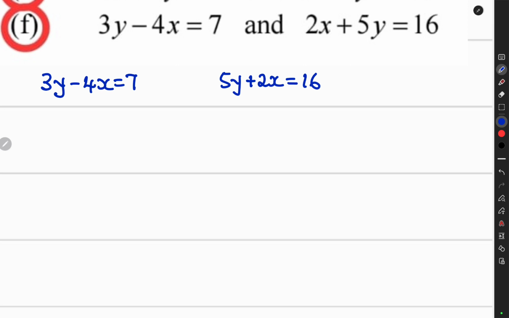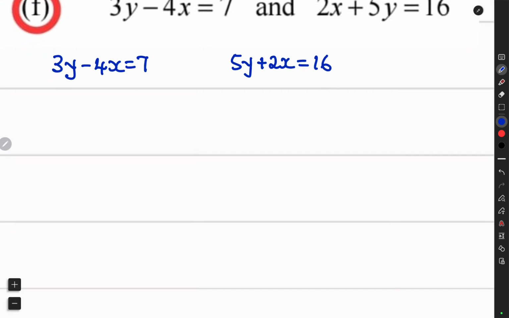Of the two, you can now see that the second one is rearranged. Because it's rearranged, we can now check the LCM of 3 and 5, which is 15, meaning that we need to change both equations to carry the same coefficients of y. We can multiply this one by 5.